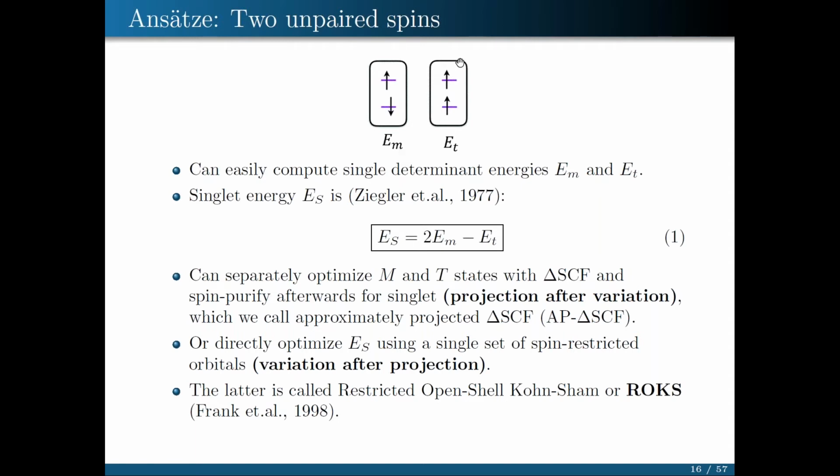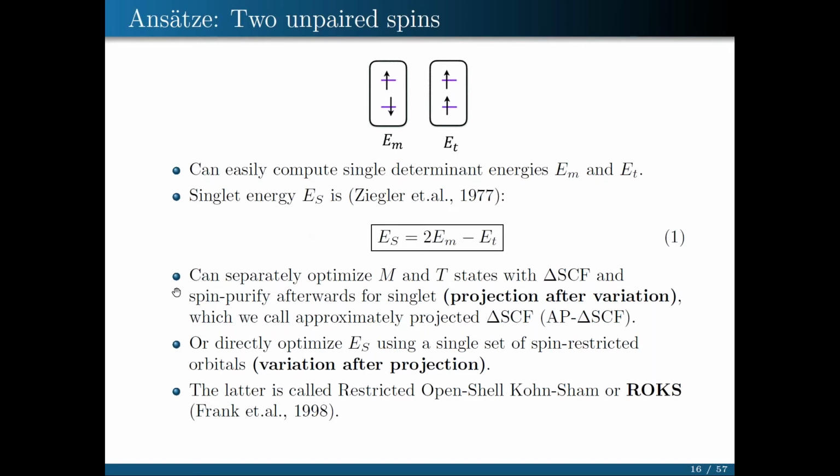And similarly, it's easy to get the energy of the pure triplet because both of the unpaired spins are pointing in the same direction, and therefore the state is representable by a single Slater determinant, and call it E_T. We know that this mixed state is halfway between a singlet and a triplet, and so we can extract the singlet energy by just assuming that the mixed state's energy is the average of the singlet and the triplet using equation 1.